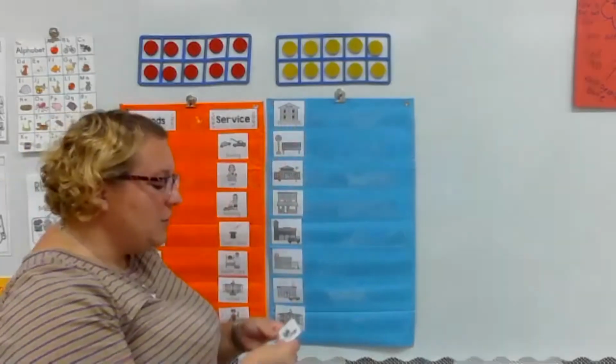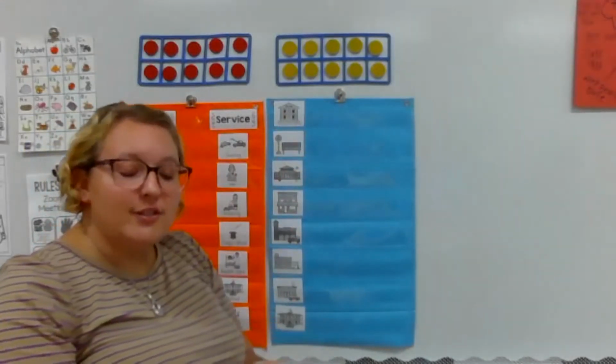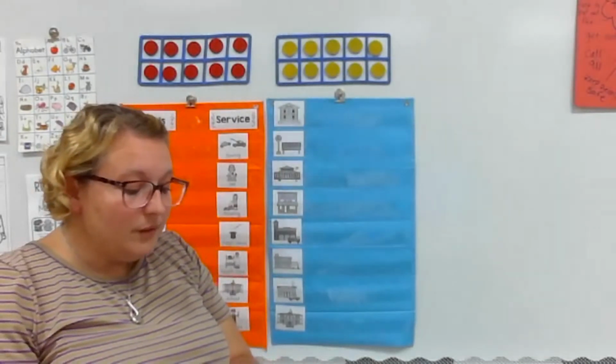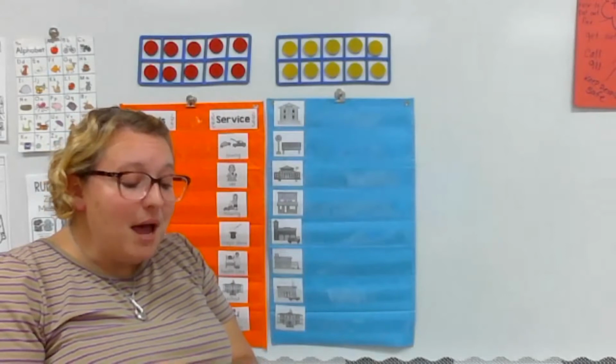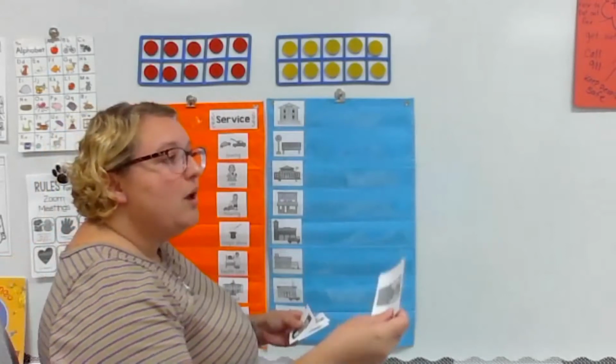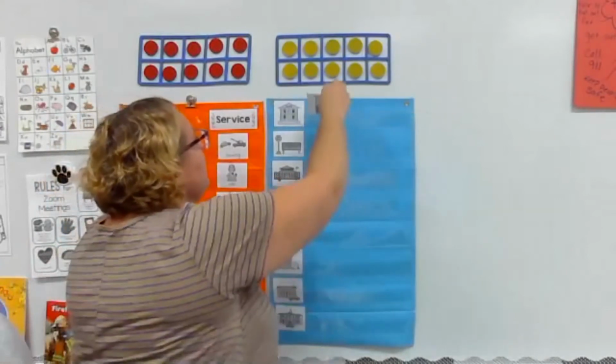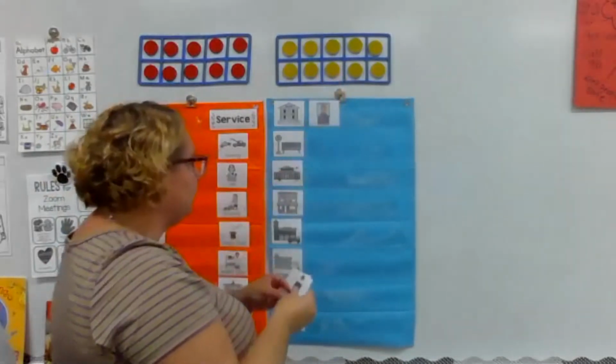So if we went to the bank, what kind of service would we be getting at the bank? Right, we would be getting money. So that money that we learned about, we would be getting money there. So the person that works at the bank is called the bank teller. Okay, so we're going to match the teller to our bank picture.